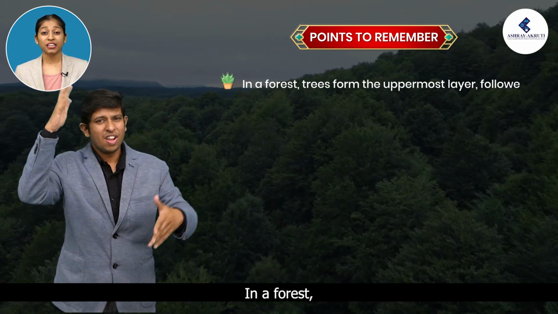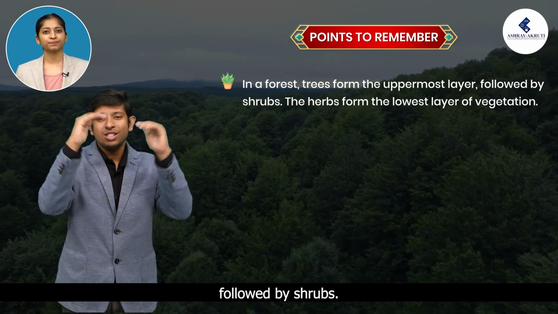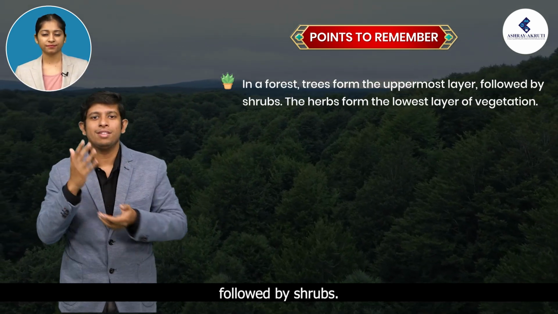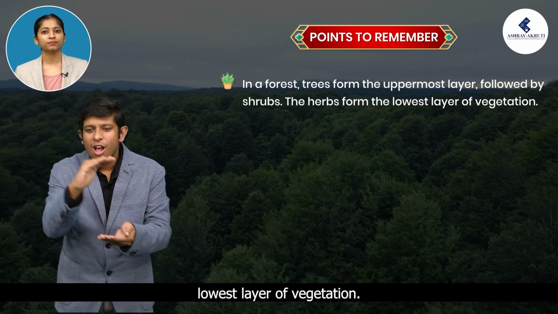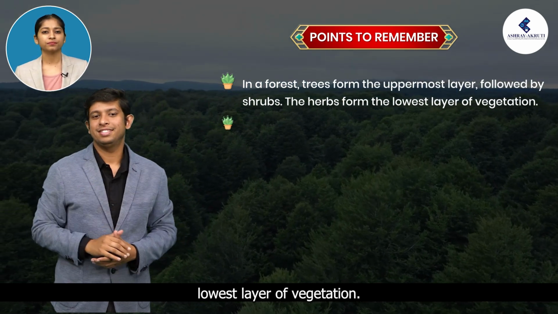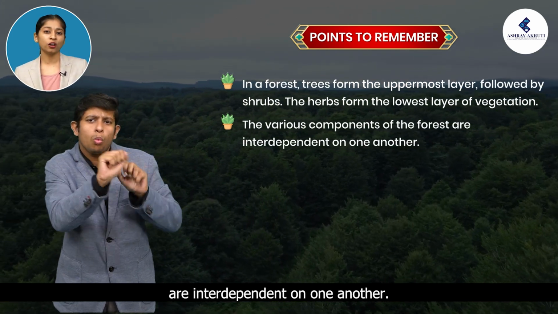In a forest, trees form the uppermost layer followed by shrubs. The herbs form the lowest layer of vegetation. The various components of the forest are interdependent on one another.